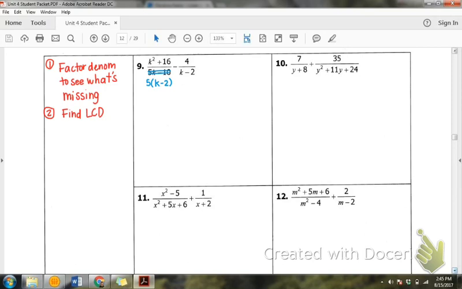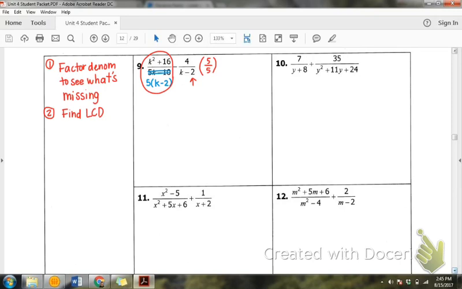Now what do you notice? They both have a k minus 2, right? So what is the second fraction missing that the first one has? A 5, right? So we're going to multiply by 5 over 5. Is this fraction missing anything that this one has?